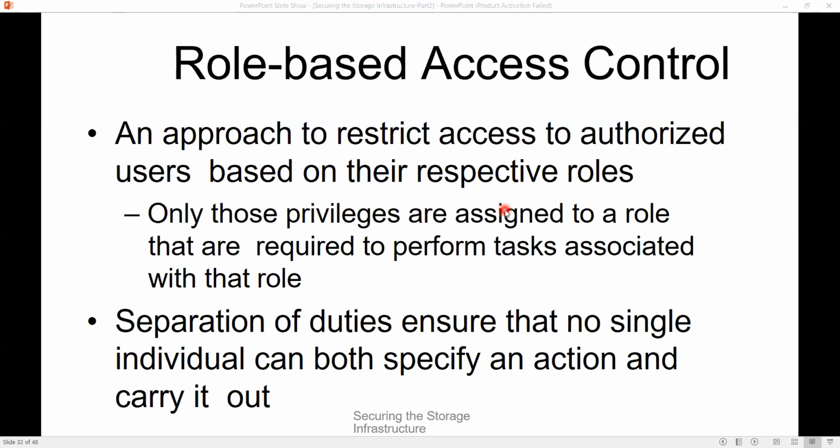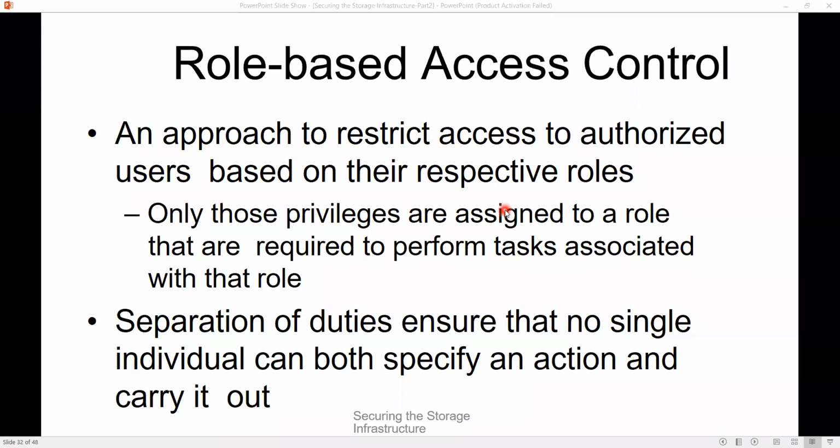Okay, there might be the case that the administrator has the privileges to perform read, write and execute on a file, but the stakeholder can only read or execute, cannot write, or a user can only read or execute, cannot write. So these are the role-based access controls which we provide according to the role, so that a person according to the role can access a particular file, right?